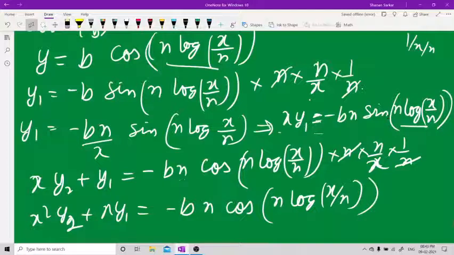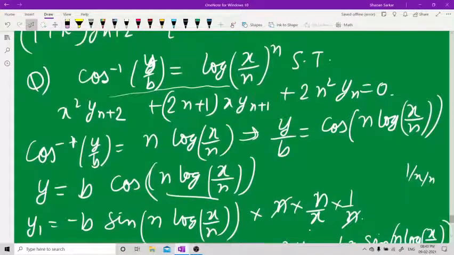Now let us see what this quantity is. You can see b cos(n log(x/n)) is nothing but y.